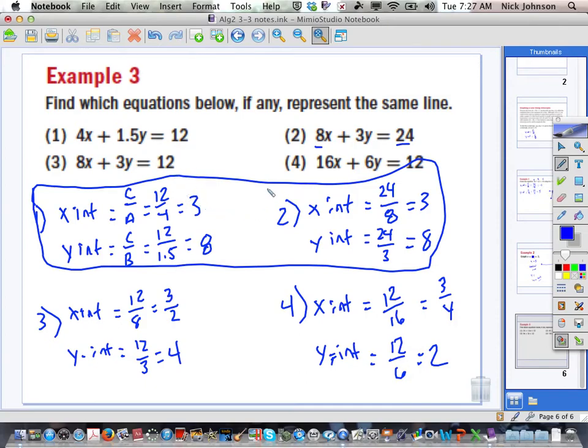Okay? Same thing here with 1 and 4. 4 times 4 is 16. 1.5 times 4 is 6, but I still got the 12 and 12. Okay? This would have to be 48 in this case. This one would have to be 24. Okay? To make them the same.